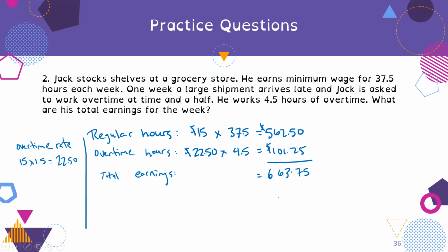So we make $663.75 in that week. Do we answer the question? What are his total earnings for that week? Yes, we did. So it's always good to check back what your question is so that you make sure that you actually answered it.